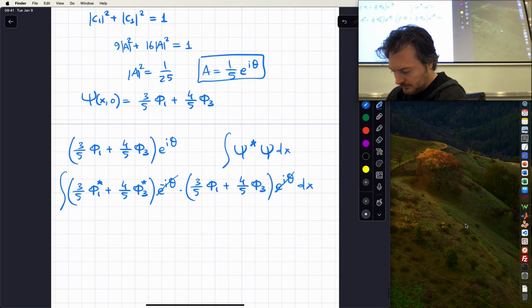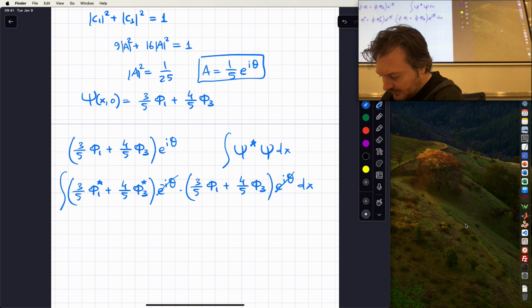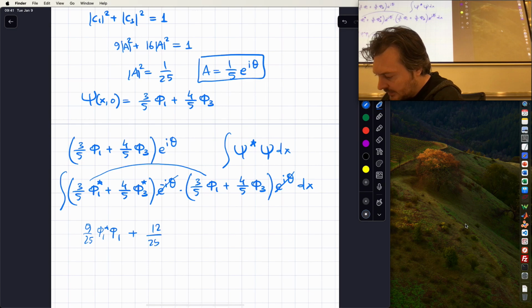The rest, I usually skip in this course, so let's do it once at least. So 9 over 25, phi 1 star phi 1. Are you following? Plus 12 over 25, phi 1 star phi 3. 16?